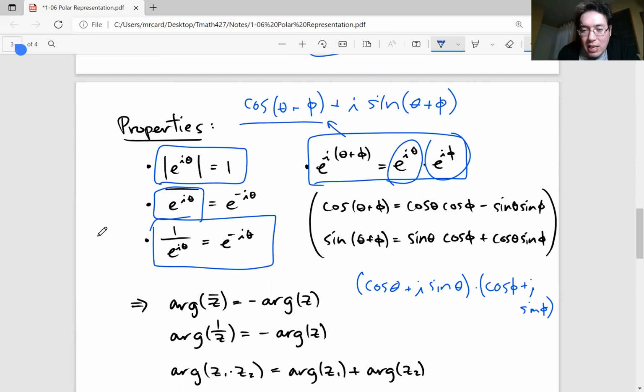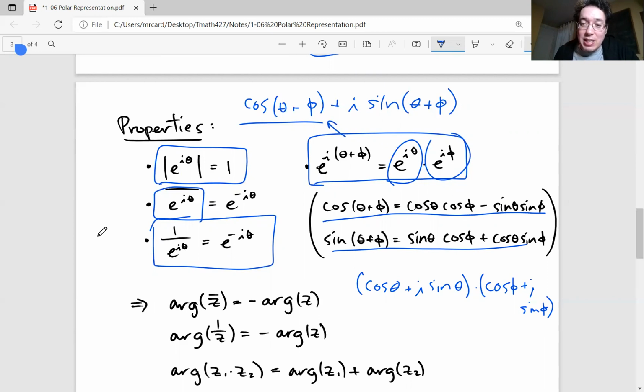On the right-hand side, there are two terms after you FOIL this out. And if you use the angle summation identity from trig, you realize that they are the same thing. And for the imaginary part, you use the angle summation identity for sine. And you can prove that the exponent behaves the way we expect, even if the exponent is imaginary, at least in the case of this base e.